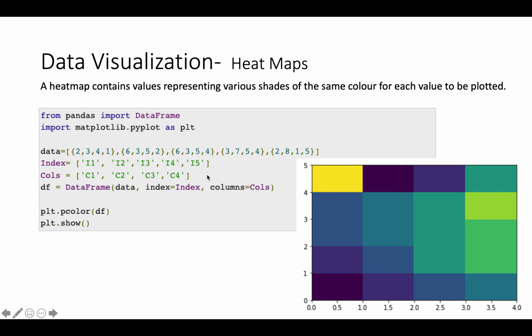In this example of a two-dimensional array, the values are mapped using the map function to the index and the columns of the chart. So here it is using the columns. You can find the result is the heat map plot.